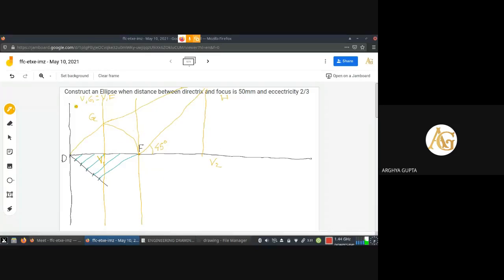Now in the next step, we have to draw a number of vertical lines between V1 and V2. The number is not fixed. At unequal intervals, I have to take a number of lines.